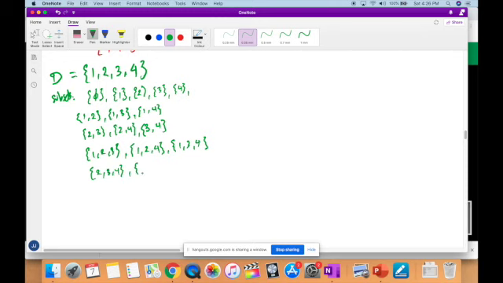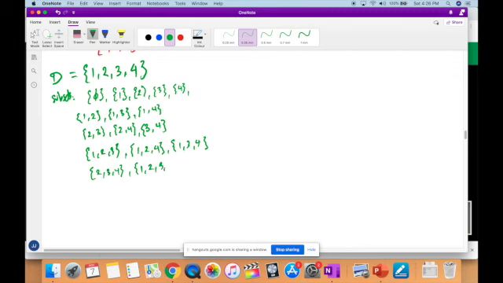Help me out. 2, 3, 1, I already have 1, 2, 3. Is that it? Is that all of the 3 digits? I think so. And then we'll have the 4 digit.